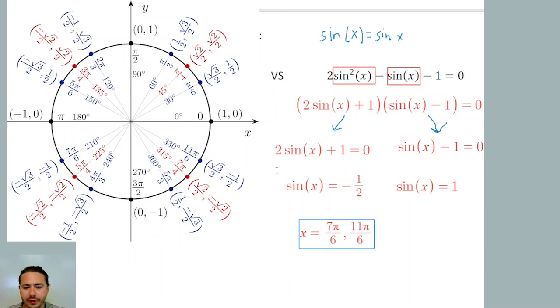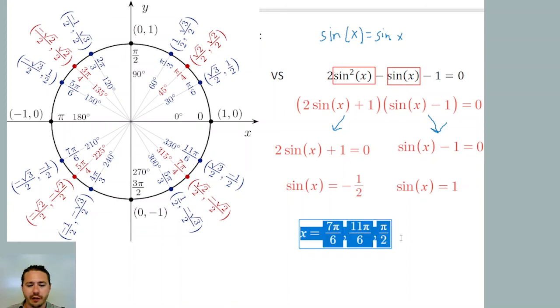And then if I try to find where sine of x is 1, that's where the y coordinate is 1, that's going to be right at the top at pi over 2. So these would be the 3 angle measures that would satisfy the equation that exist on the unit circle itself.